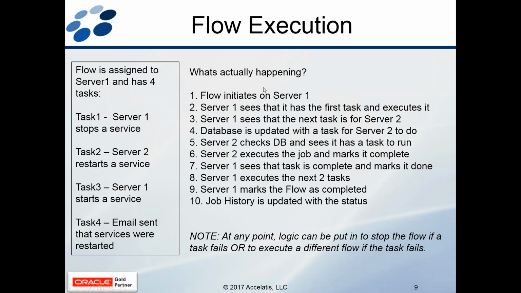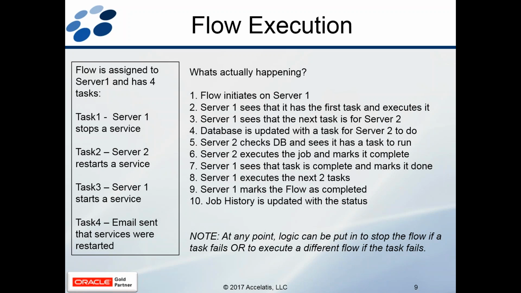So just to understand what's happening in the back, if you look down the list here, what actually happens is server 1, because it owns the flow, will see that, oh, I've got some stuff to do. It goes ahead and it does it. And it understands that, hey, the next server in line is going to be a different server than me.